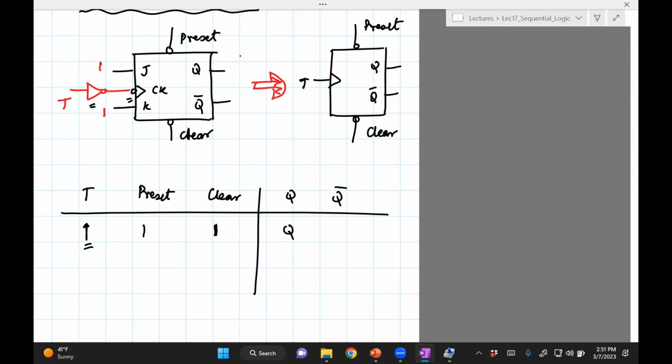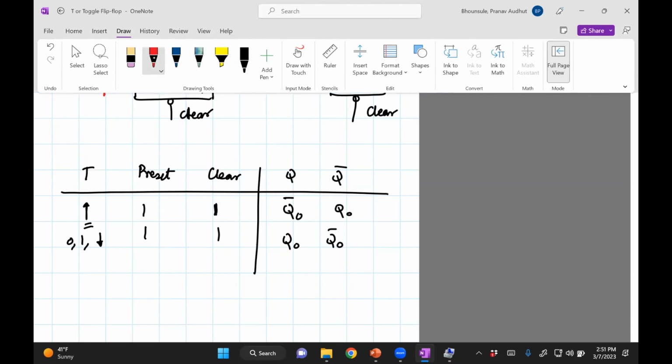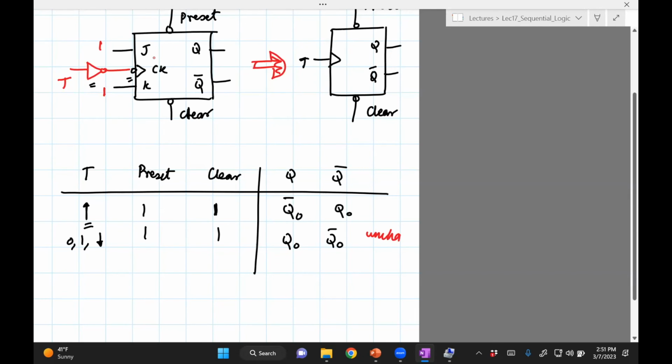And so the something here is that it toggles the output. If you do 0 or 1, or negative edge with preset clear as 1, this will lead to no change. Unchanged.